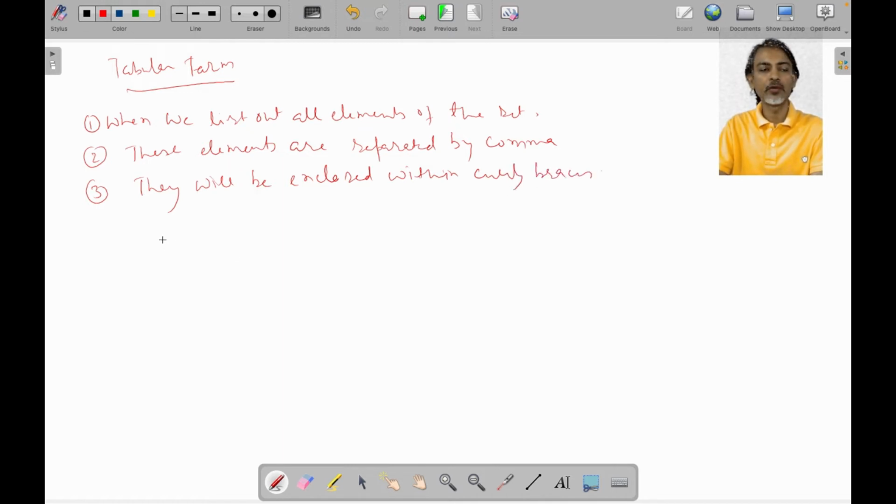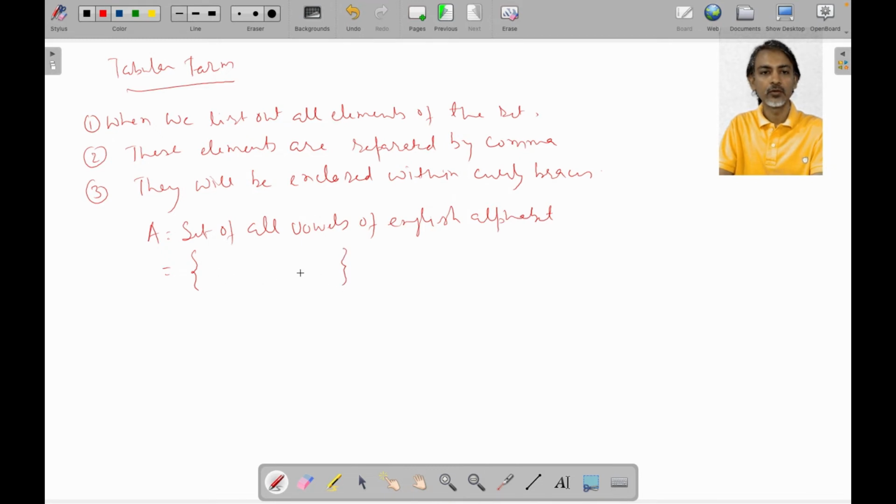What we mean here is, as we defined earlier, A is the set of all vowels of the English alphabet. If we have to write it in this roster or tabular form, we will write it with two curly braces first.